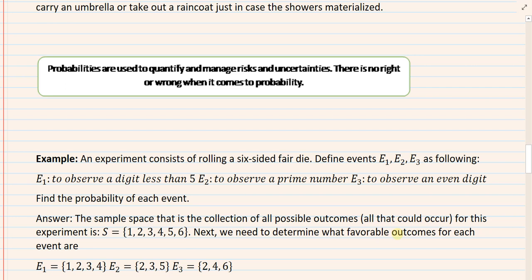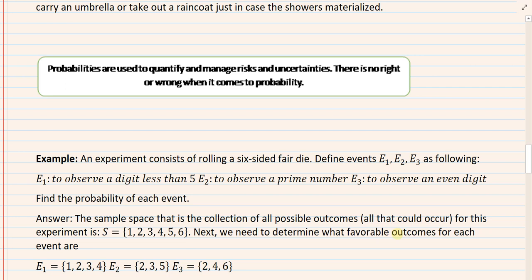Now, once you define, and notice by the way how I defined events. Usually the experimenter, the researcher, defines events in context of the problem. And then we want to find the probabilities of those events. Now, the sample space here, all that could happen, the universe of outcomes.